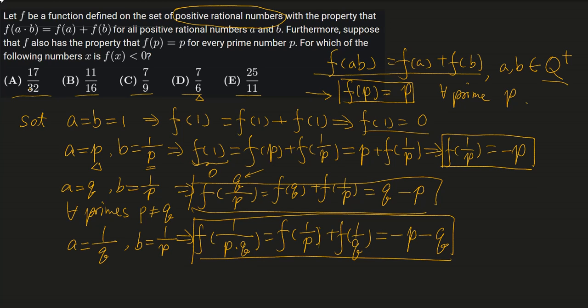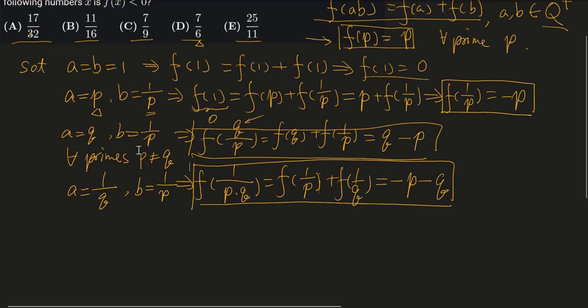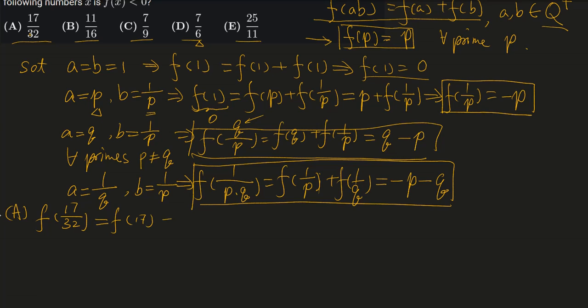So now let's try A, B, C, D, E one by one. First, A. For A, we have f of 17 over 32, which certainly equals f of 17 plus f of 1 over 32. Since 32 is a composite number, we want to rewrite it by prime factorization.